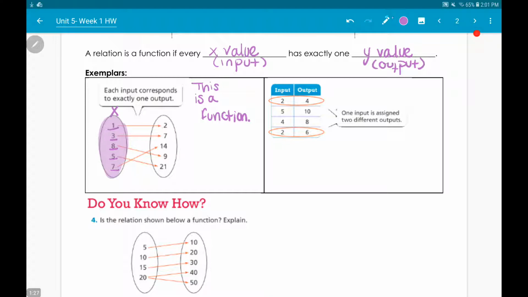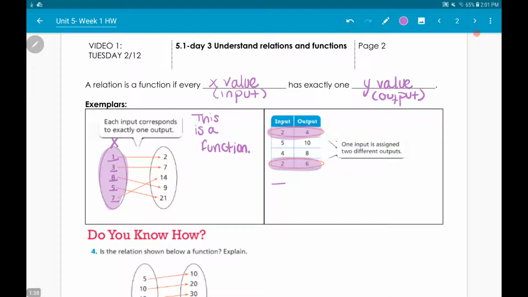Okay. Then I take a look at my next example, and I see that the 2's are circled. All right, so this is not a function because 2 is repeating with two different y values.